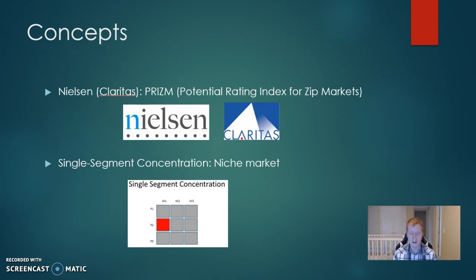P2M1 is that one segment that was chosen, but it could be the entire row of P2 to get a broader viewership, or the entire matrix, the entire population can be advertised to also. But that takes away some of the effectiveness of market segmentation, or audience segmentation rather.